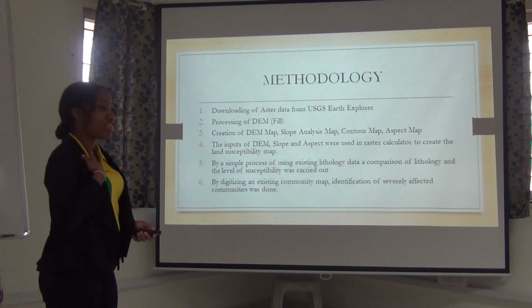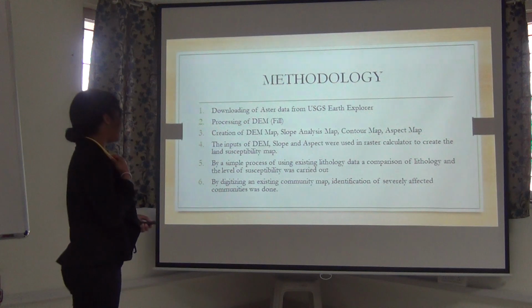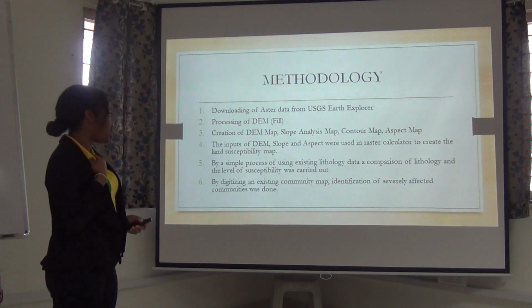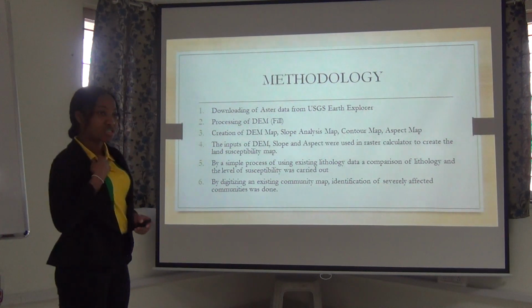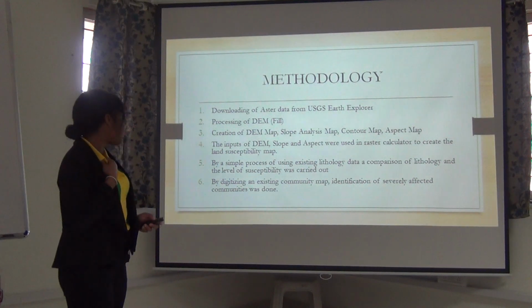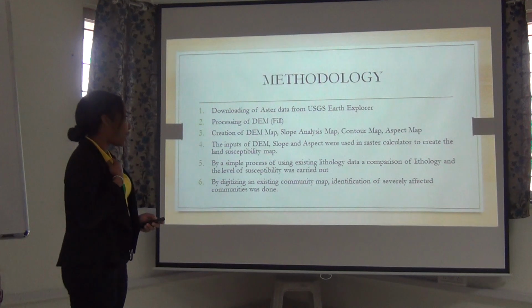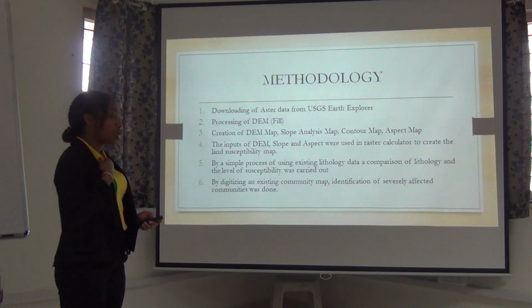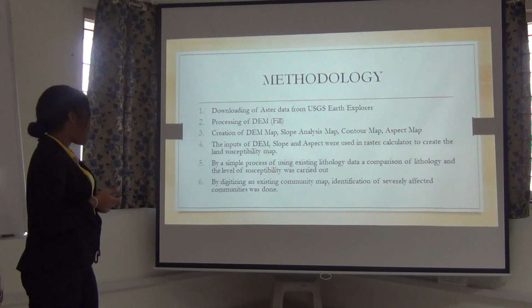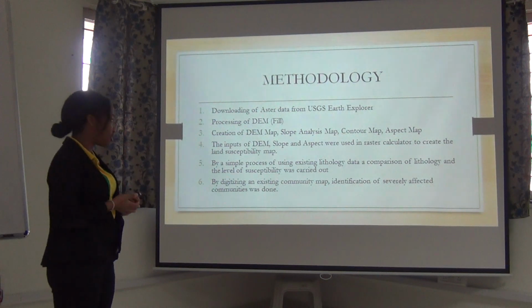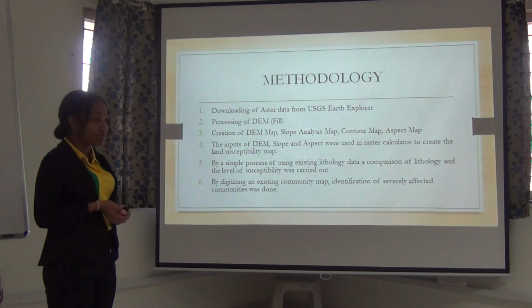So the methodology: I downloaded the Aster data from USGS Earth Explorer, processed the DEM data, created the DEM map, slope analysis map, contour map, and aspect map, and then used the DEM, the slope, and the aspect as inputs to create the susceptibility map.